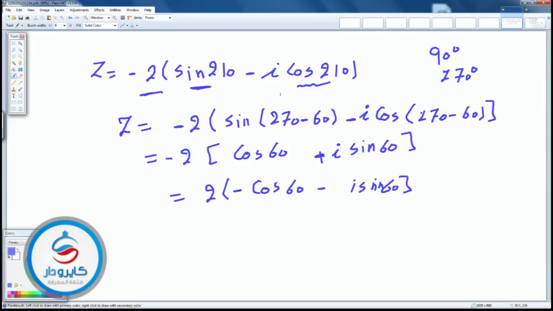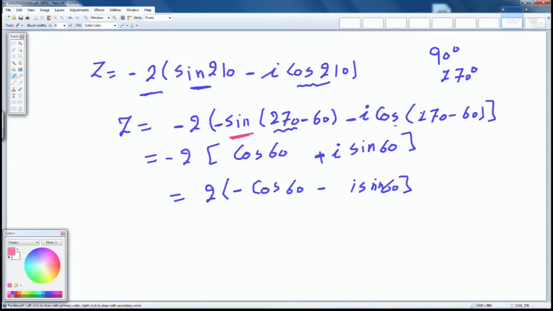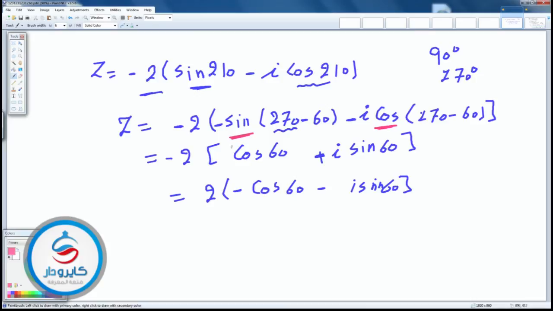Again, what do we have? 2 negative 2 sine 210. طيب ما انا برضو عندي دي نيجاتيف يا مستر. ليه؟ عشان 270 minus 60 زيها زي الكوزاين. نخلي بالنا يا اولاد، انا عندي الساين deal with as cosine in the third quad، يبقى انا عندي نيجاتيف زيها زي بعض. طب نيجاتيف تايم نيجاتيف يبقى positive. Then the final form now it will be 2 cosine 60 minus i sine 60.